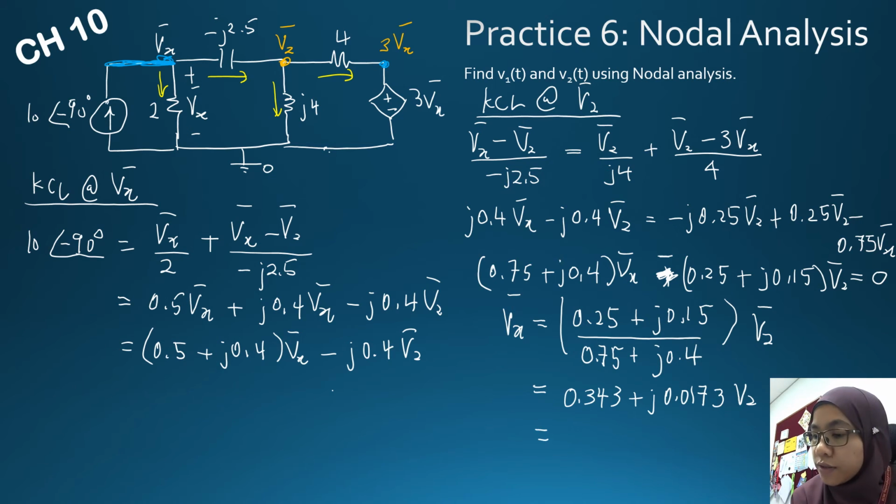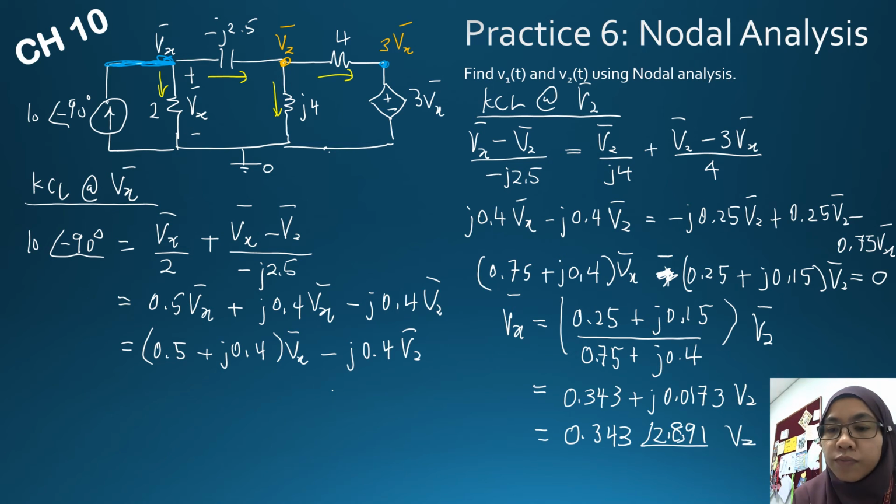You will get this answer, 0.343 at 2.891 times V2. It is better to have at least 3 decimal points. And then this is equation number 2. Then we substitute into equation number 1 here.